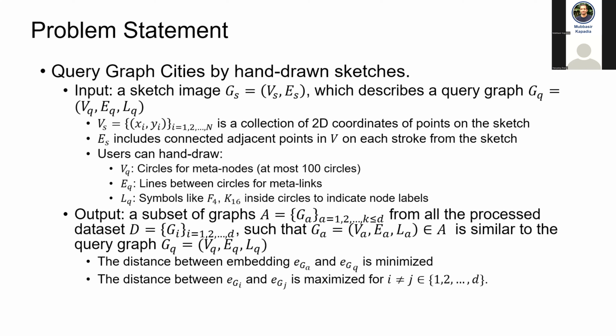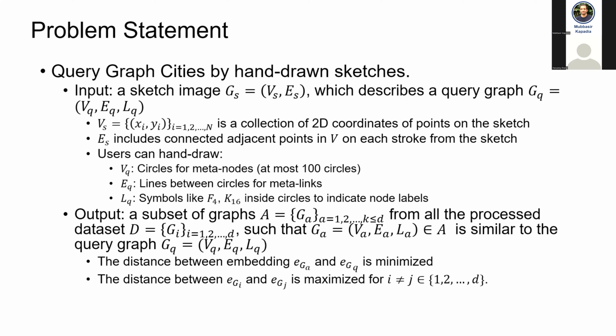And the user will be allowed to do 3 things. First is to draw a circle to indicate a meta node. They can draw lines between circles to indicate the meta links. And they can write down symbols like F4 and K16 inside the circle to indicate the label of those nodes.